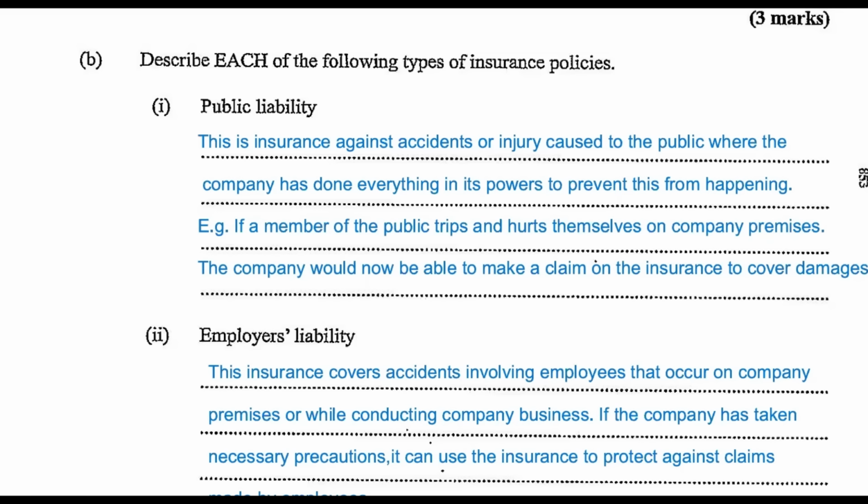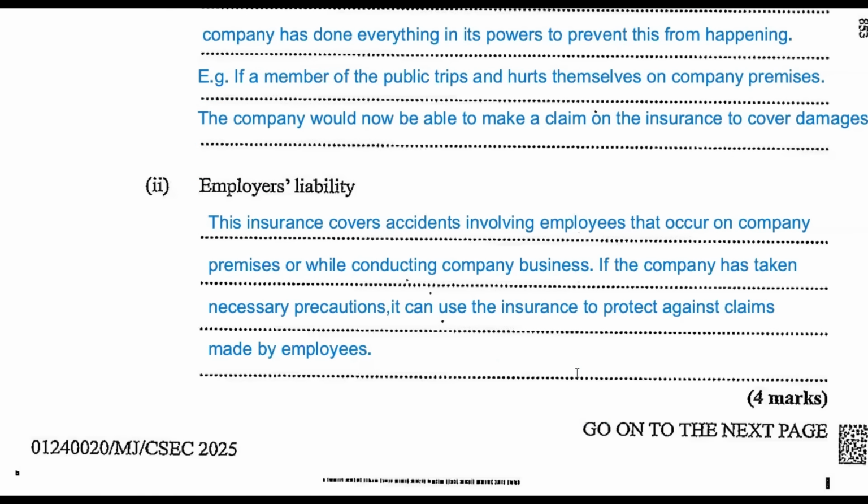You guys know that insurance basically is compensation for an event that happens, or financial compensation. So businesses will take out these types of policies such as public liability and the one below, employer's liability. The employer's liability is basically where this insurance will cover accidents involving employees that occur on company premises or while conducting company business.